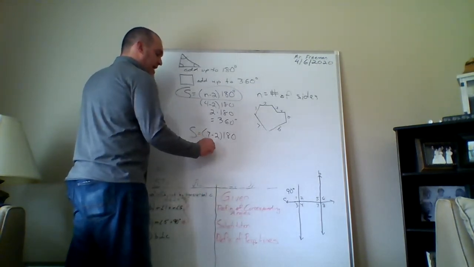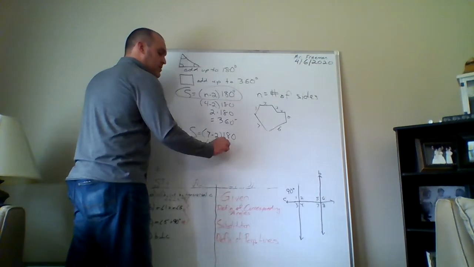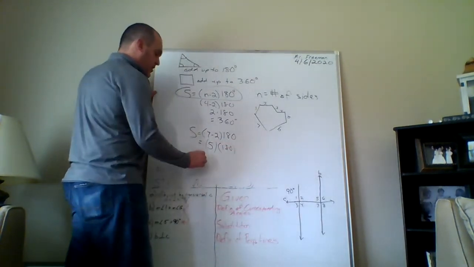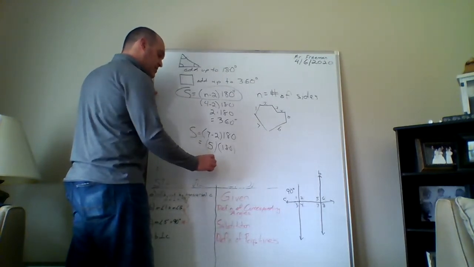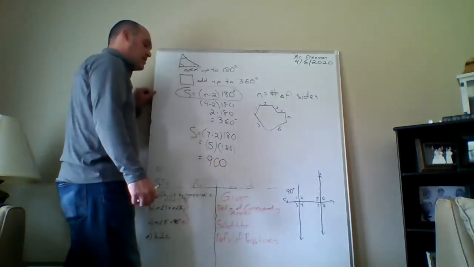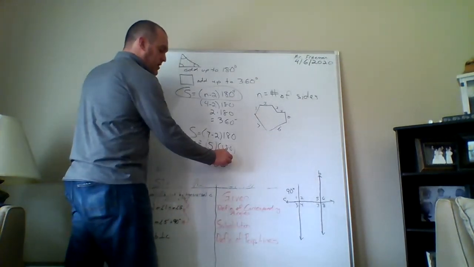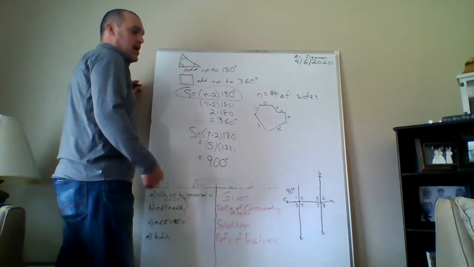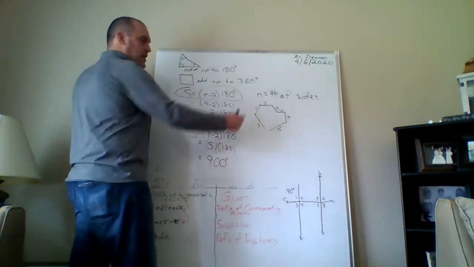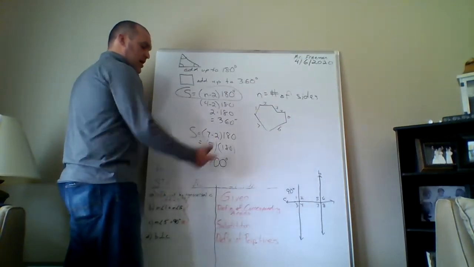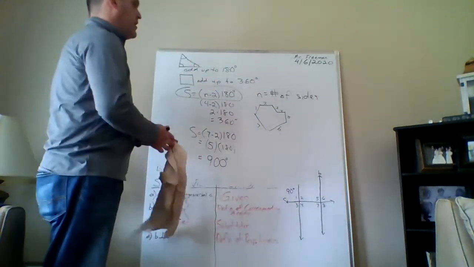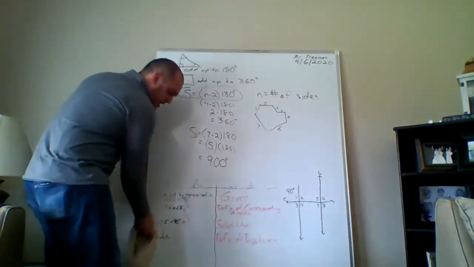So that's 5 times 180. And 5 times 180, I know it's going to end in 0. 900. Yeah, that's 900. And that would be 900 degrees inside a 7-sided figure. All you're doing is counting the sides, taking 2 away from it, and multiplying it by 180. That's why I feel like I had the confidence in saying, okay, 5-4, not a problem.